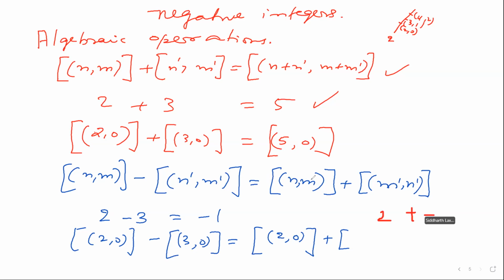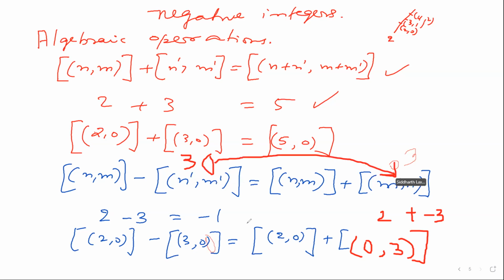Sir, did you mean the opposite? So it means 0, 2? This might be 0, 3 instead here. So maybe that will work. How do I get 0, 3 there? Because m prime, sir, m prime is 0. Yeah, m prime, n prime. M prime is 0, n prime is 3. Oh, I see.